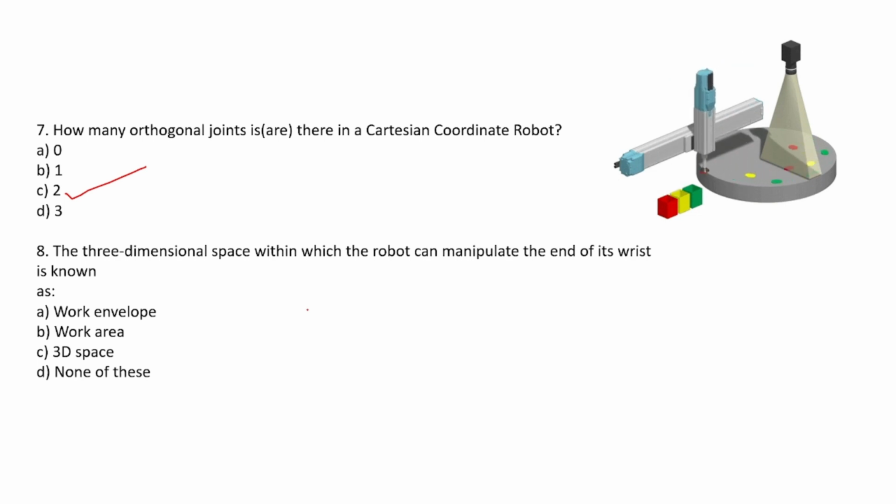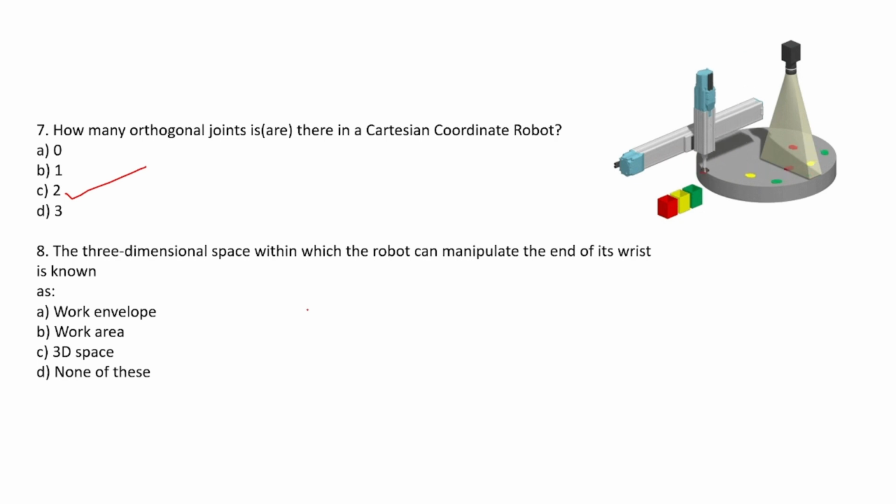One question is given here. To answer it, what we have understood from the work volume of a robot is that it refers to the three-dimensional space within which the robot can manipulate the end of its wrist or end effector. It is the total volume of space that the robot can reach and work within. The size and shape of the work envelope depend on the number and types of joints in the robot, and the length and shape of the robot's links.